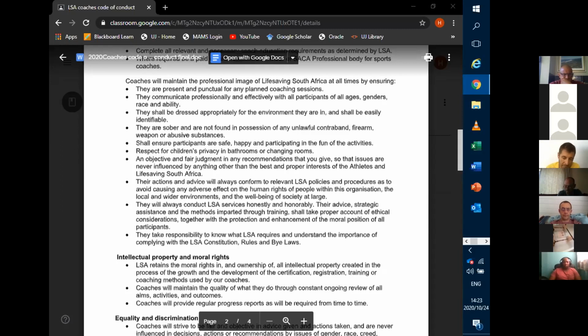An objective and fair judgment in any recommendation that you give, so that issues are never influenced by anything other than the best and proper interest of the athlete. The actions and advice will always conform to relevant LSA policies and procedures so as to avoid causing an adverse effect on human rights. They will always conduct LSA service honestly and honorably.